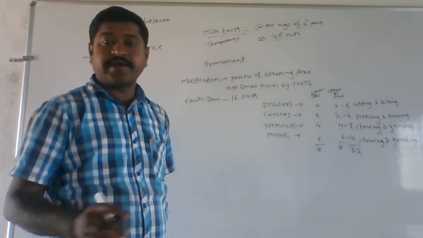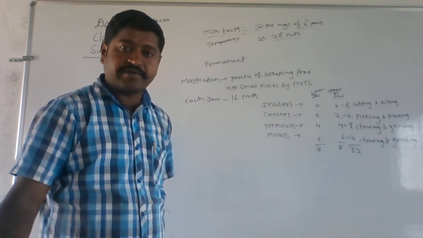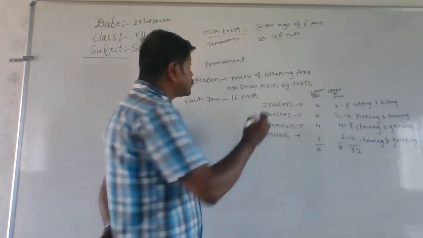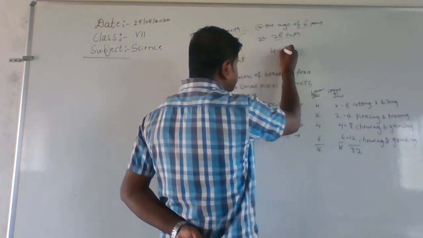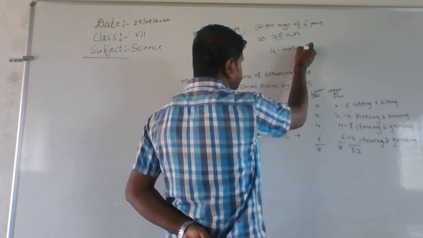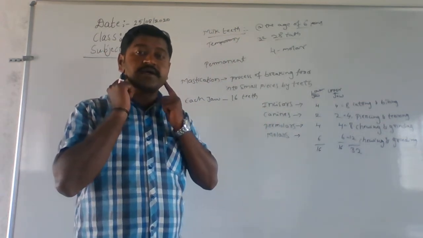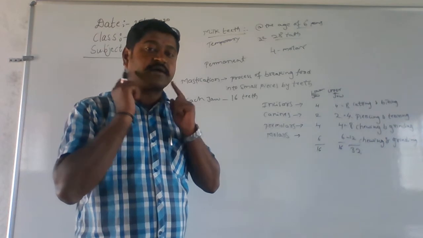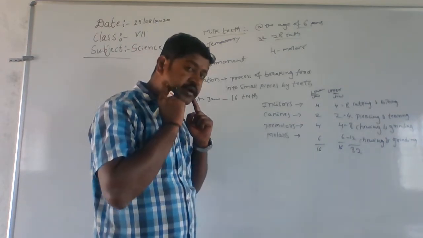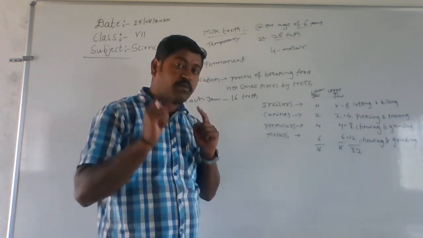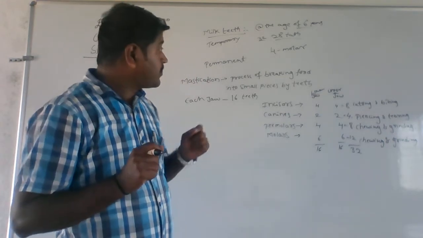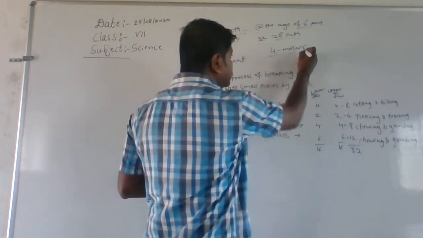So how many are remaining? 4 are remaining. Those 4 teeth are molar teeth, which are nearby our neck, right? Here, in this part, we will be having molar teeth. So we will be having a shortage of 4 molar teeth.